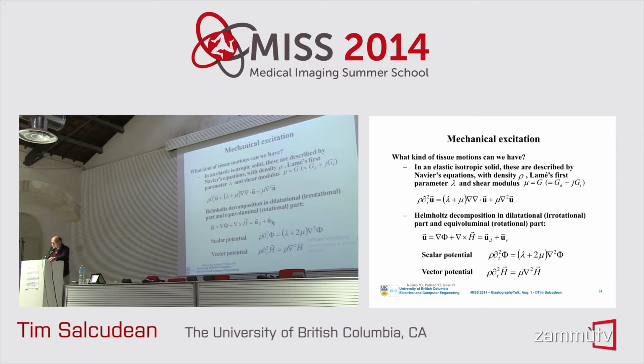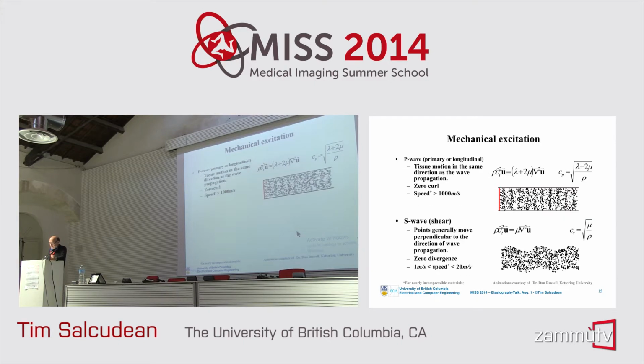You can do a Helmholtz decomposition of this equation by defining two potentials, a scalar potential and a vector potential, that split your displacement into a dilatational and a rotational, or equivoluminal, part. And corresponding to this, you get two potential wave equations, which correspond to shear motion and dilatational motion.